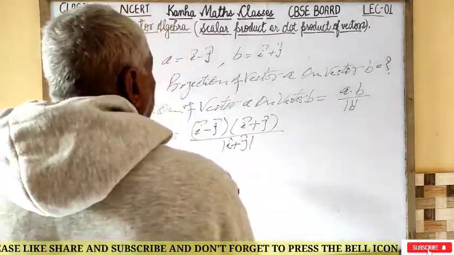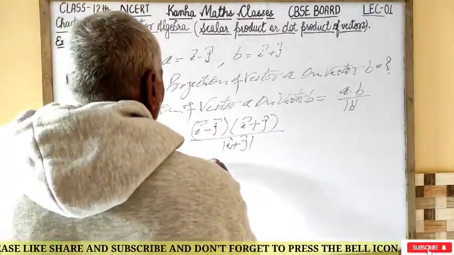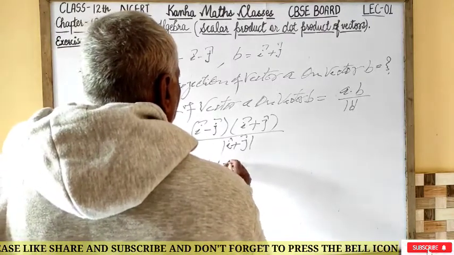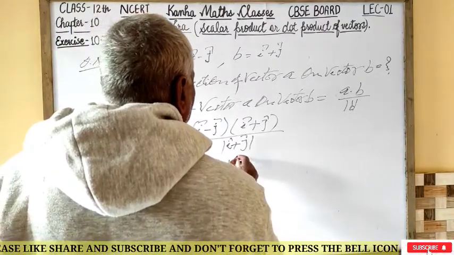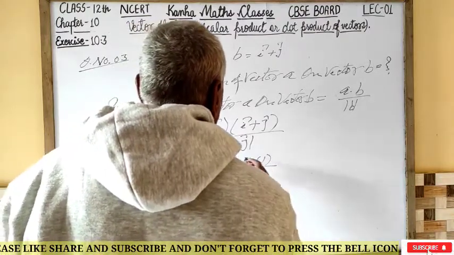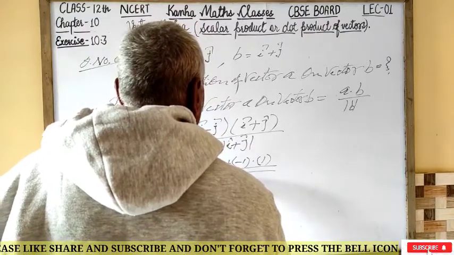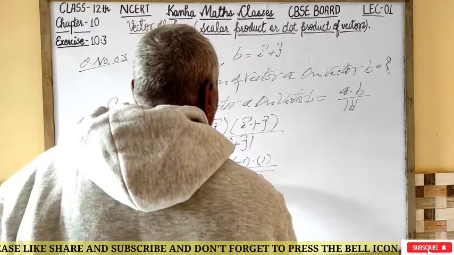Here the dot product means 1 into 1 plus minus 1 into plus 1, upon under root 1 square plus 1 square.